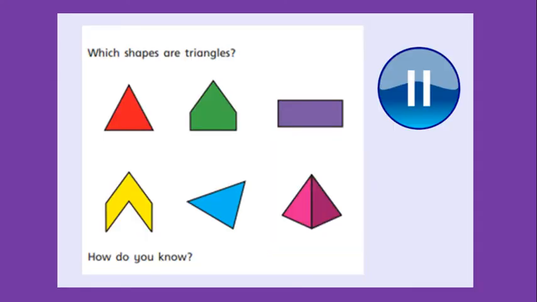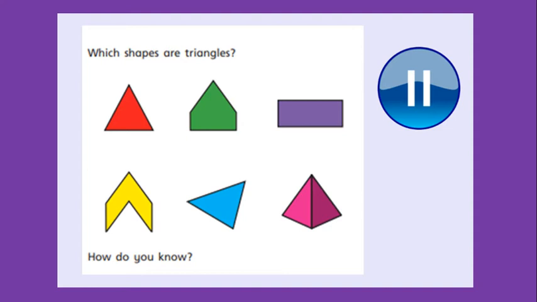Okay, now this page is really interesting, and I'm not going to tell you too much about it, but this page has got one 3D shape on it. So you need to be looking out for that. And the question simply says, out of all of these shapes, which shapes are triangles?